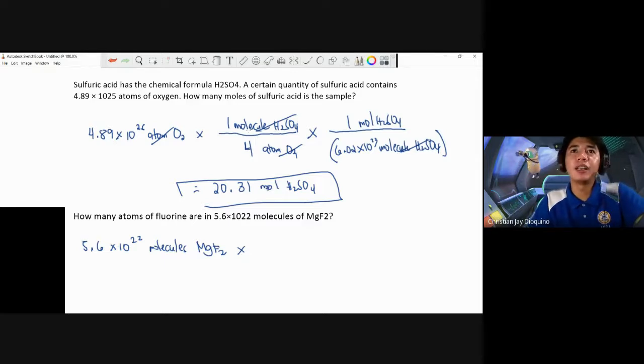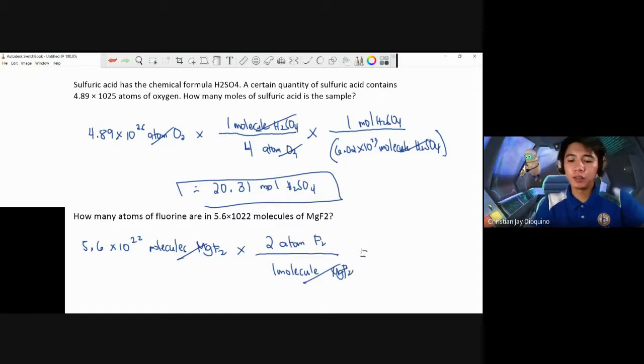We go back to our process here. Given that we have 2 atoms, why 2 atoms? Because the number of atoms of fluorine here is 2. So we put 2 atoms of fluorine gas over 1 molecule of magnesium fluoride. Then cancel and multiply: 5.6 times 10 raised to 22 multiplied by 2.